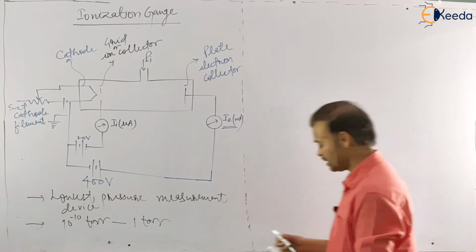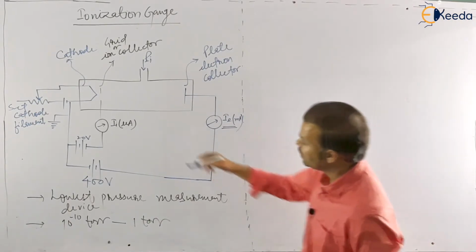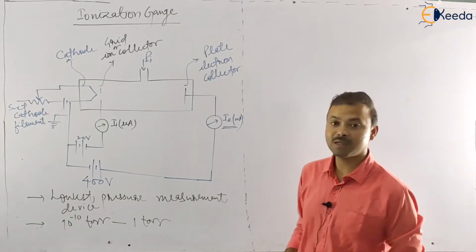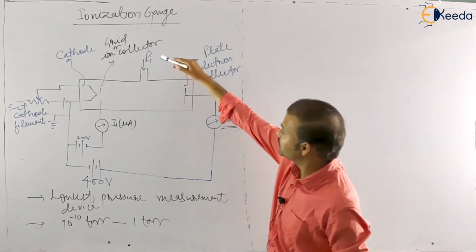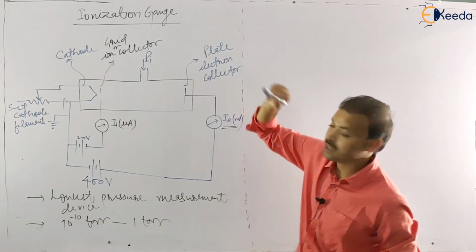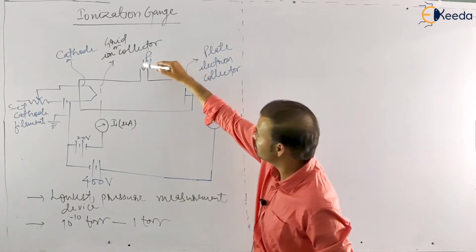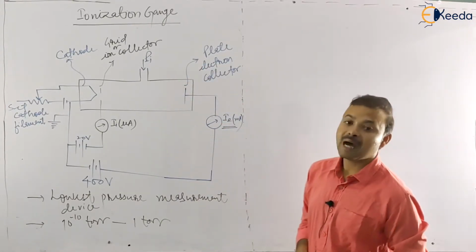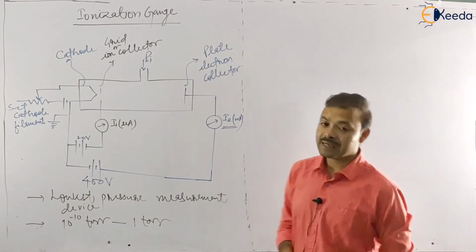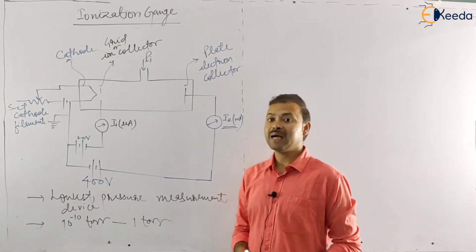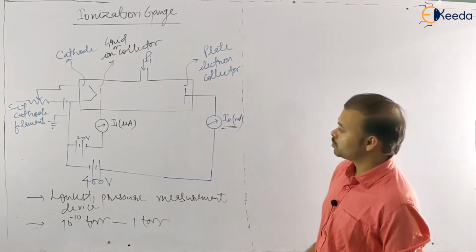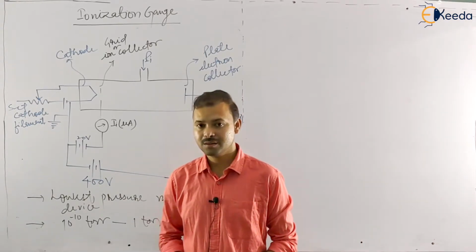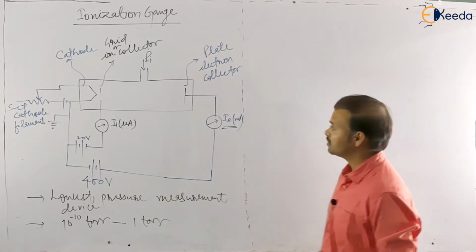Measuring II will give you the pressure applied to this port. II will be directly proportional to Pi. Larger is the II, larger is the pressure.